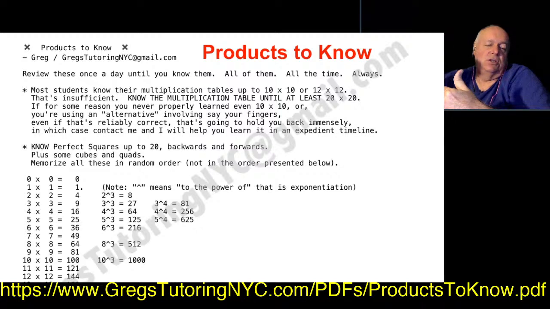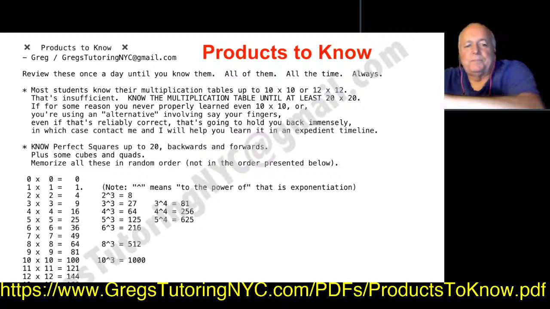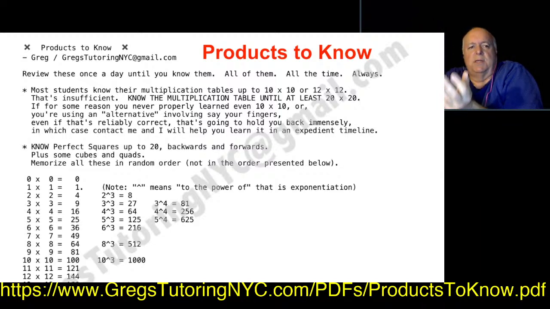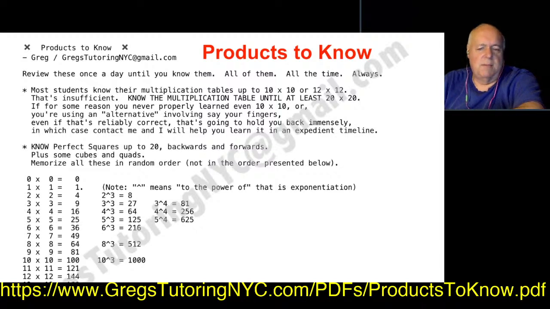As you go into high school and do Algebra 1 and other classes, geometry, trigonometry, calculus, not having this fluidity and numeracy, this no hesitation, just stuff that's got to be at your fingertips, is going to hold you back like 10,000 times. And as I'll show you in a second, there's a cascade of things that happen if you know some of these things.